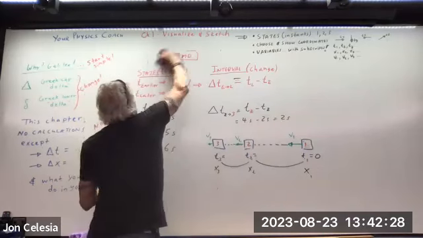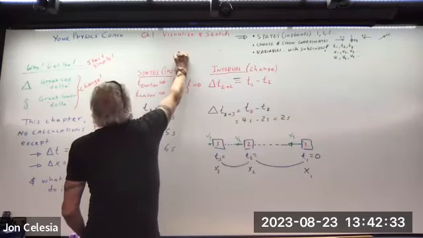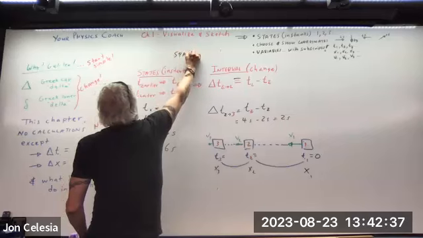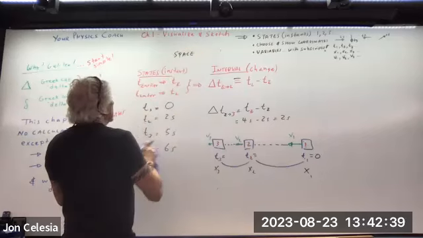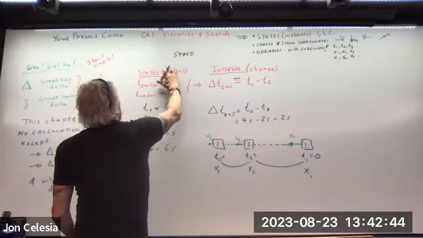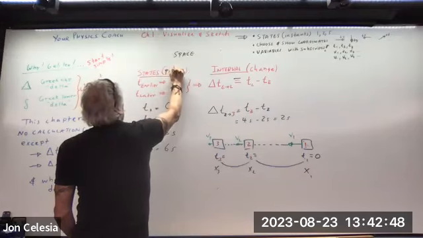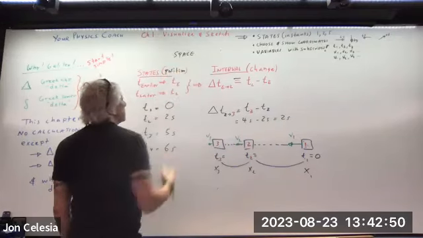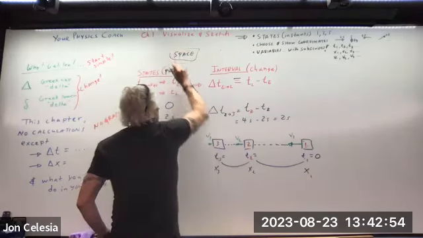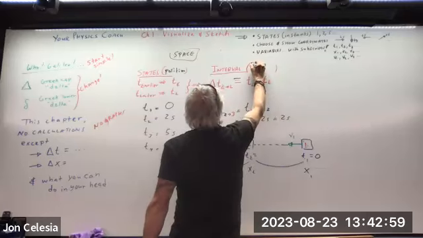Now I'm going to change this to space or position. Let's just call it space for now. And instant states, it's not an instant of time, it's a position. You have a certain position. And the interval in space is called the displacement.